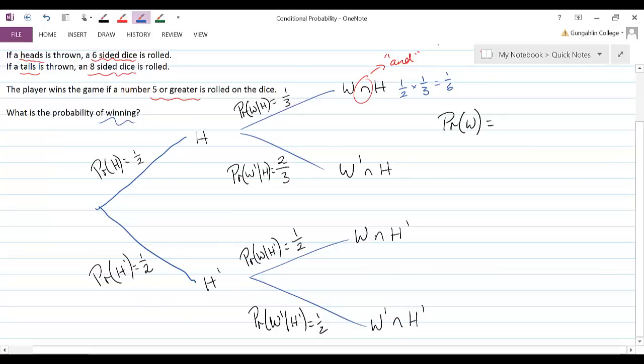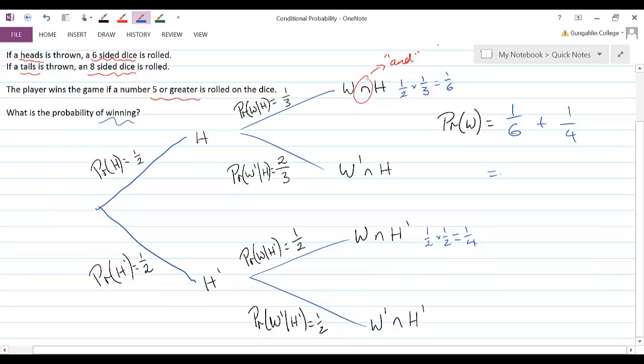The probability of winning and not getting heads is 1/2 times 1/2, which is 1/4. So the probability of winning is going to be 1/6 plus 1/4.